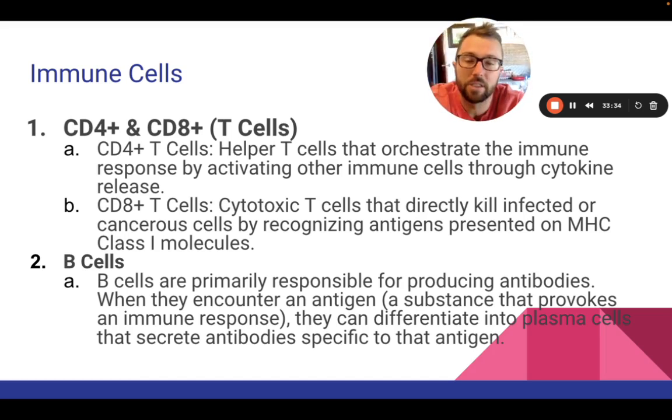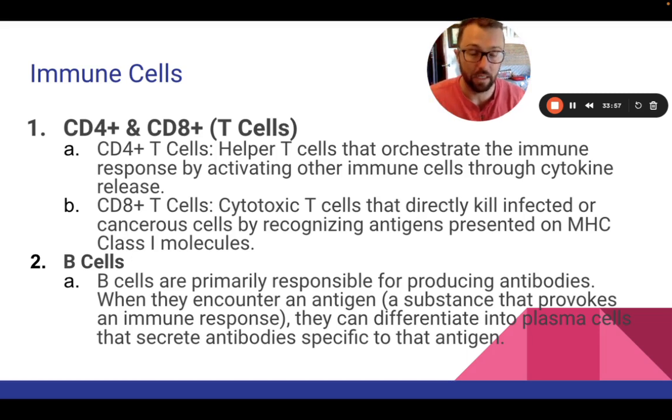So CD4 plus are helper T cells that orchestrate the immune response by activating other immune cells through cytokine release. So CD4 kind of like decide what kind of stuff is needed for whatever the specific issue is. They're recruiting things to handle the problem.